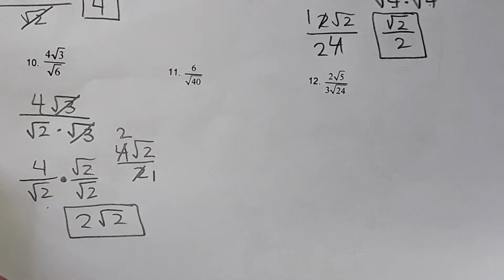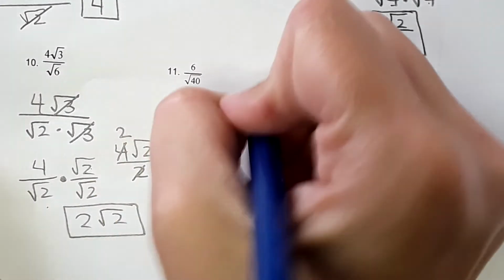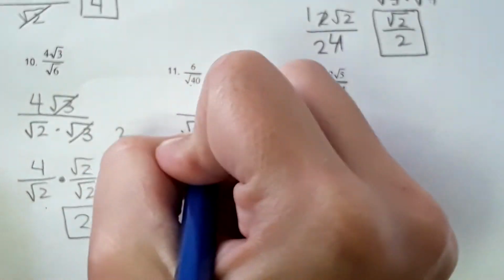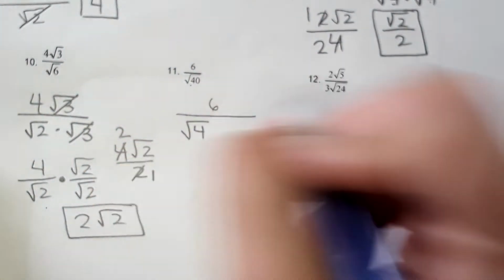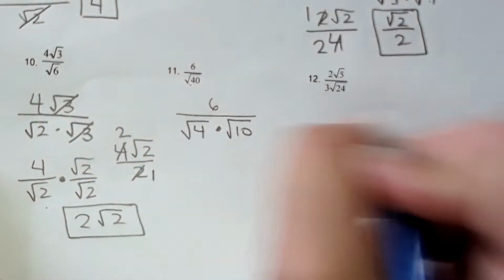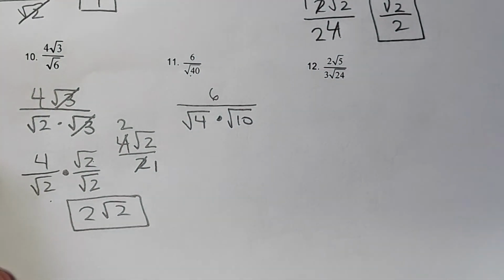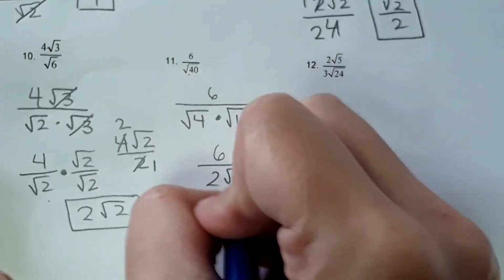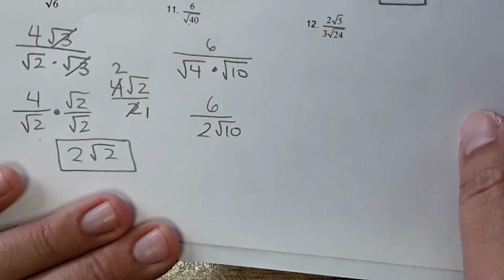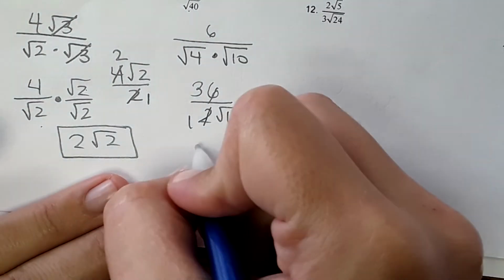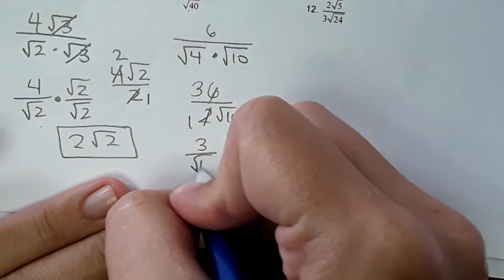Okay, 11. Start with the 6. Break up the 40 into factors. Maybe 4 times 10. 4 times 5 times 2. I'm just going to leave it as 10 because I don't think I can do much more than that. Then it'd be 6 over 2 square root of 10, which simplifies to 3 over square root of 10.